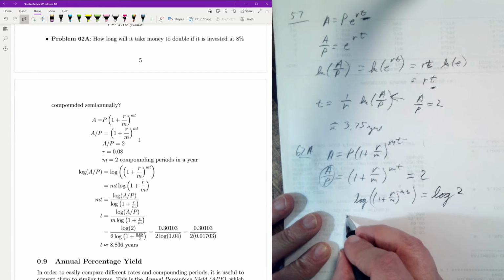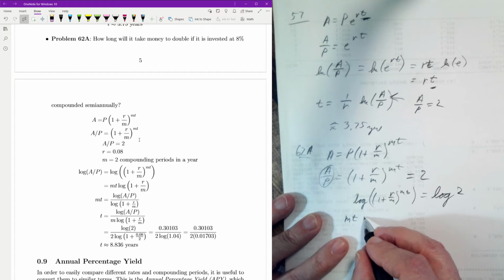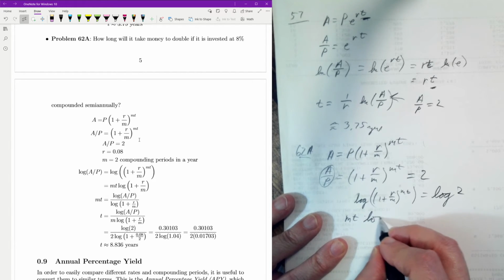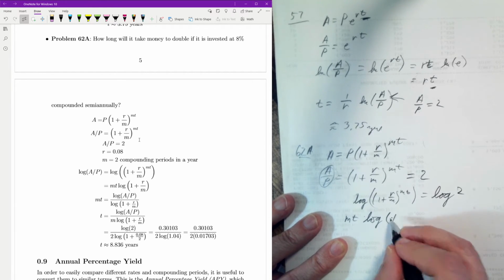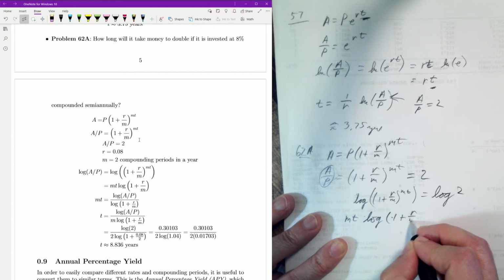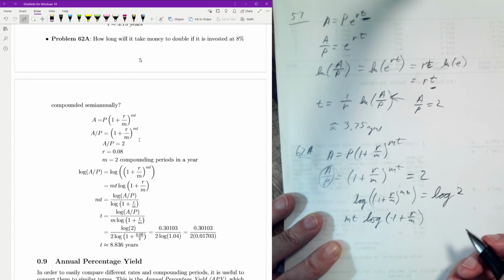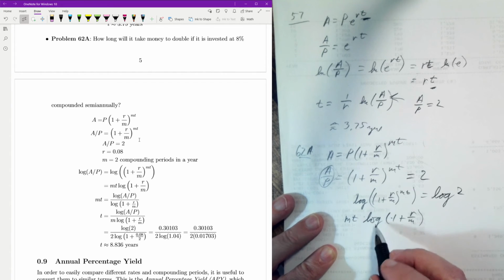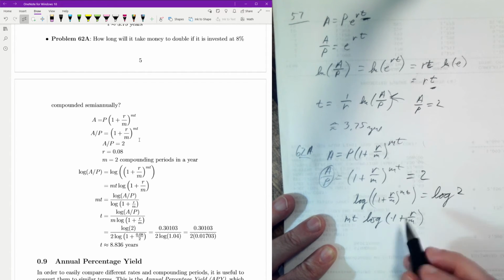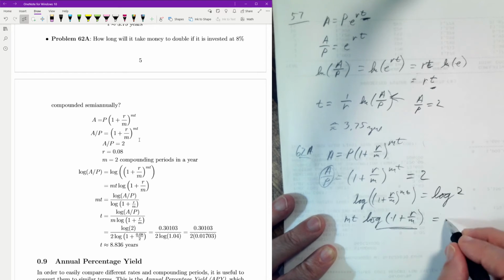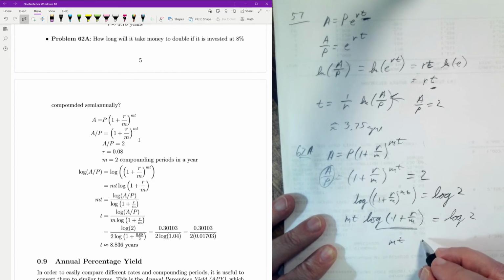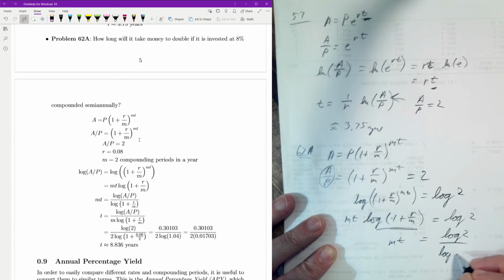So we're going to have MT log of 1 plus R divided by M. Okay. We're going to divide both sides by this. So we have MT equals log of 2 divided by log of 1 plus R over M.